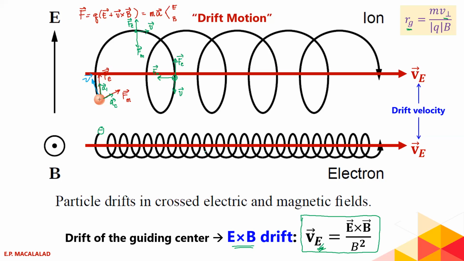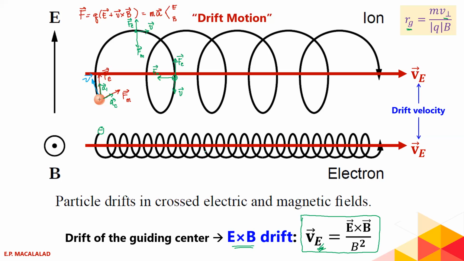Okay, this is important when we deal with plasma under the influence of both electric and magnetic field, as long as the electric and magnetic field are perpendicular to each other. And we will have an example or an illustration or an application of E cross B drift.